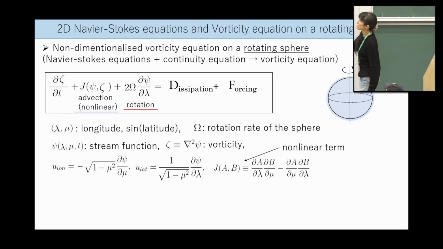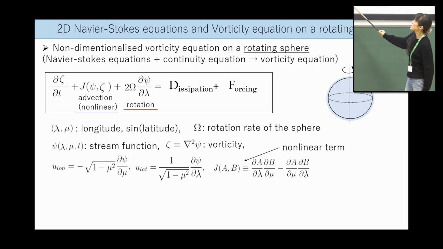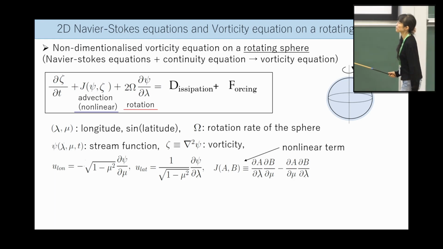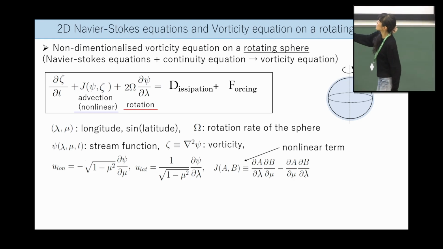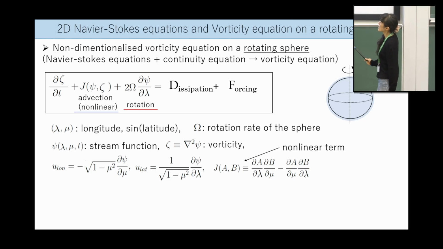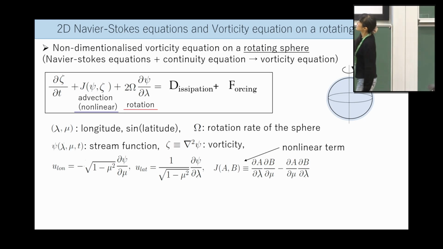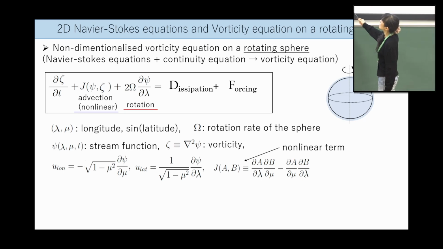And again, this is written in longitude, and in this case, sine latitude coordinate, and omega here is the rotation rate of the sphere. And psi is the stream function, and zeta equals Laplacian psi is the vorticity. And this is the advection term, the nonlinear term, and this is written by the use of the Jacobian operator.